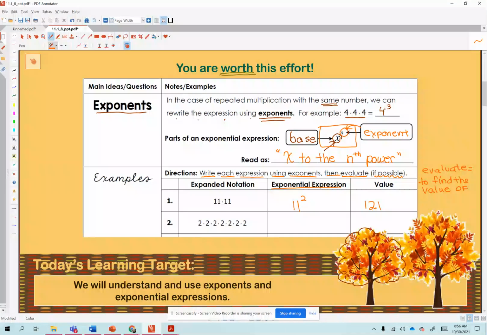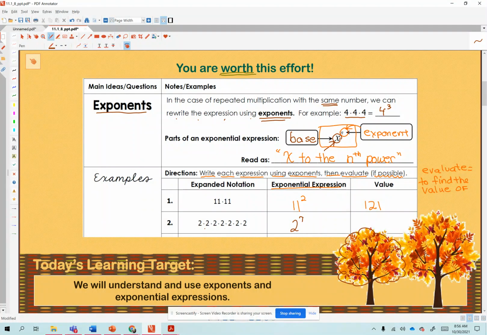Well, how about 2 times 2 times 2 times 2 times 2 times 2 times 2? How many 2's are there? There are 7 2's there. So I'm going to write that as 2 to the 7th power.